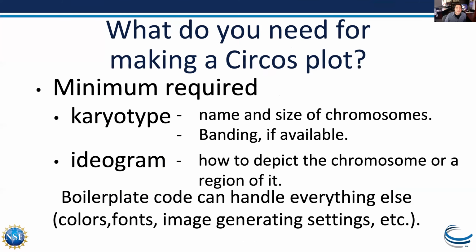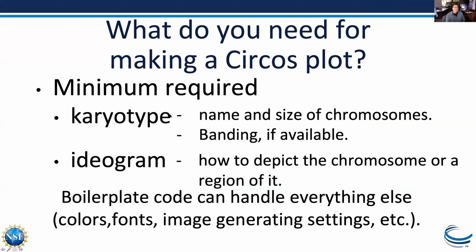So what do you need to do a Circos plot? The minimum you need is a karyotype and an ideogram. And these are actually defined in the configuration file. And they parallel what, if you're used to doing karyotyping, an ideogram is just another word for plotting.